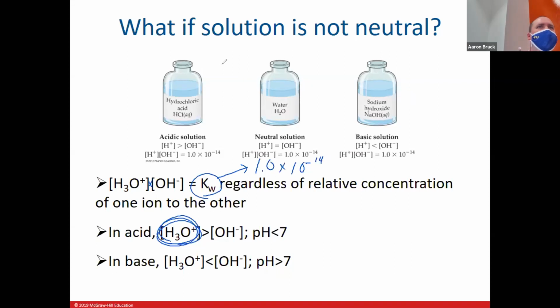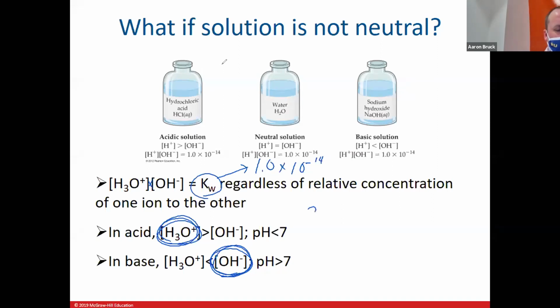That higher concentration of hydronium is going to tip the scales toward a lower pH, a pH that is less than 7. And in a base, we're going to have a higher concentration of hydroxide, and that's going to tip the scales in favor of the hydroxide and get it to a higher pH, a pH greater than 7.